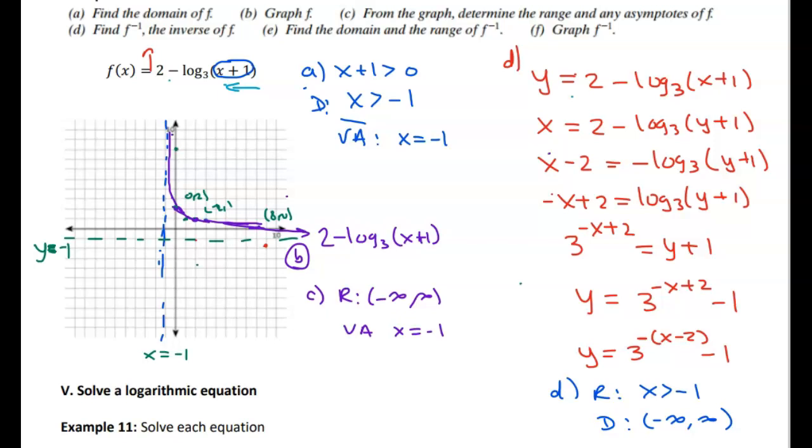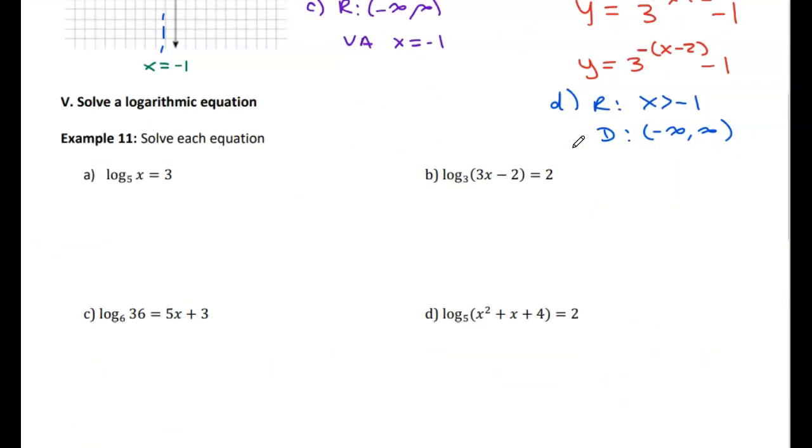It goes here, it goes here. No, it goes here, and (2, 0). Okay, so it's this, this, and this. That makes more sense. There we go. Okay, so this is 3 to the negative (x minus 2), minus 1. That's the graph of the inverse. All right, cool.